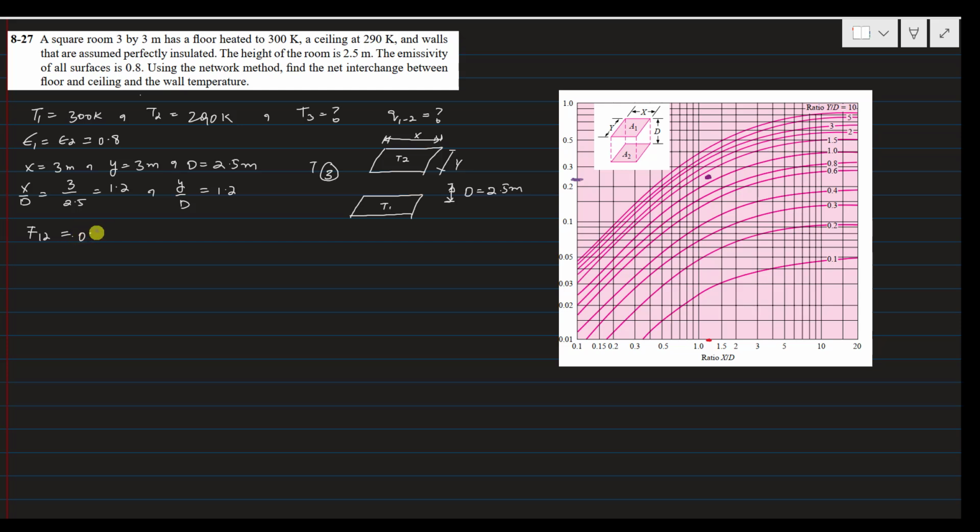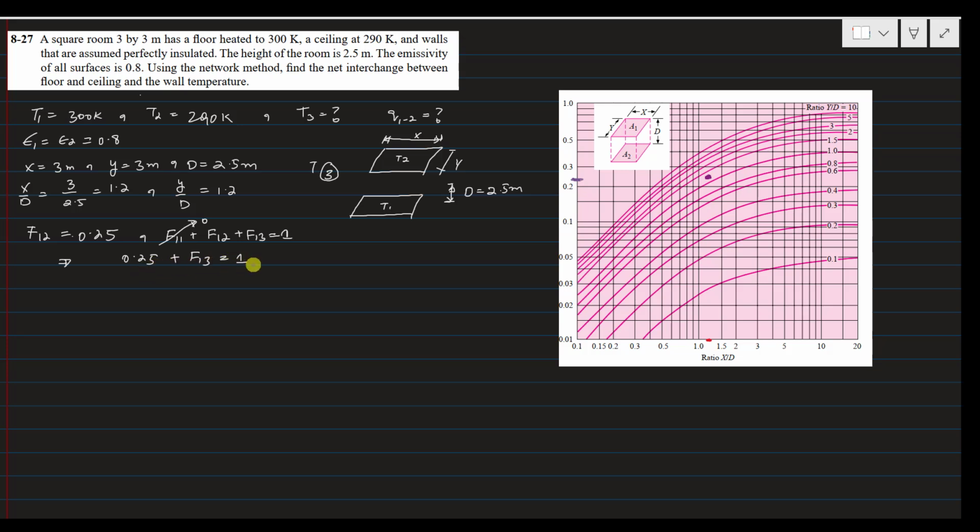So I can say that the shape factor between the floor and the ceiling is 0.25. By the summation rule, F11 plus F12 plus F13 is equal to 1. For a flat surface, F11 will be 0, F12 is 0.25, plus F13 is equal to 1.